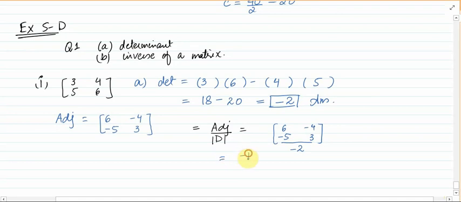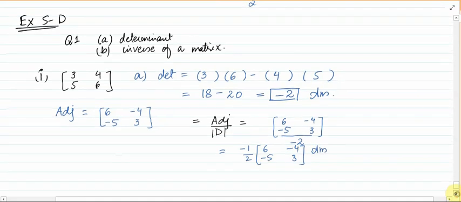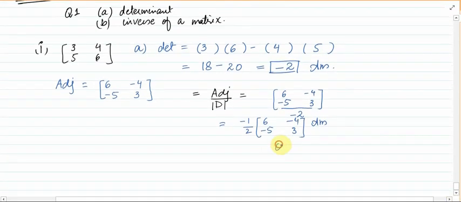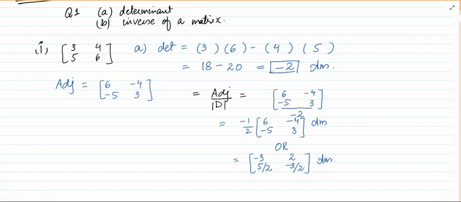One is minus 1 upon 2, the determinant, and then your matrix 6, minus 4, minus 5, 3. That is also acceptable. Or if you solve it further, you multiply all the elements by negative 1 upon 2. So it will be minus 3, it will be 2, it will be 5 upon 2, and it will be negative 3 divided by 2. So both answers are correct.